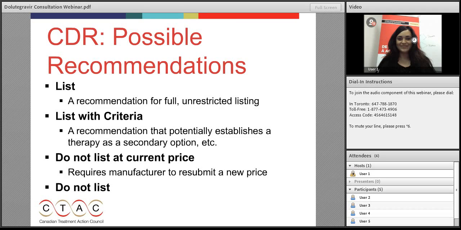And even if a drug is deemed as efficacious and safe and offers clinical improvement, the Common Drug Review could recommend that a new medication is not to be listed at its current price, and this would really require manufacturers to go back and resubmit a new price, or for provinces to negotiate a lower price with manufacturers. And finally, the fourth recommendation is do not list. So here it could be the case where a new medication offers really little or no therapeutic benefit over existing current medication.